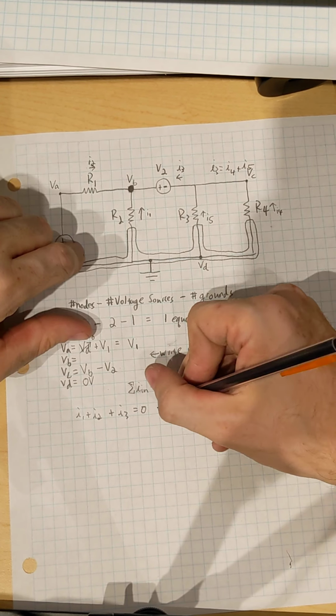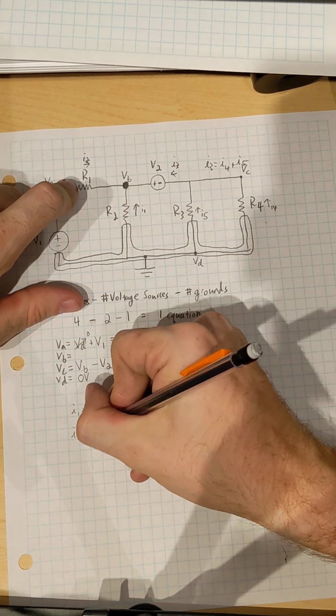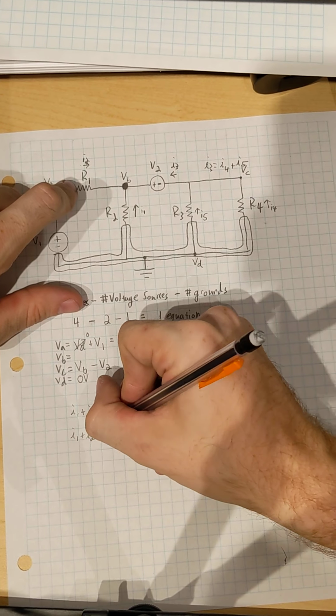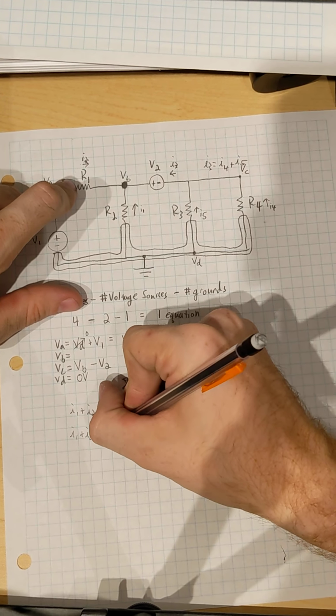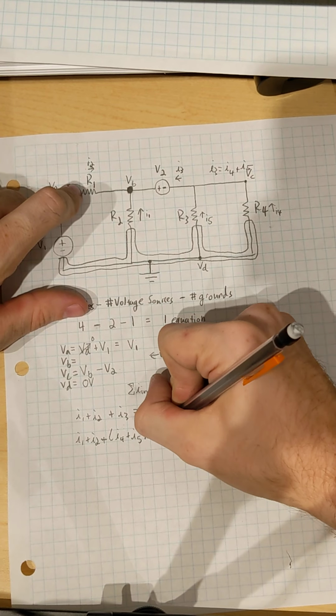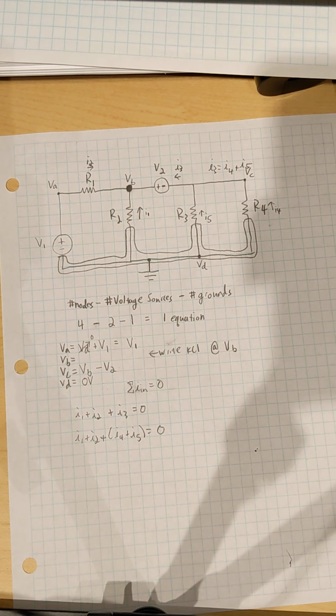So now back down to here, I1 plus I2 plus (I4 plus I5) should be equal to 0. I put that parenthesis just to note that I plugged in for I3. And this is how we'll write our KCL equations.